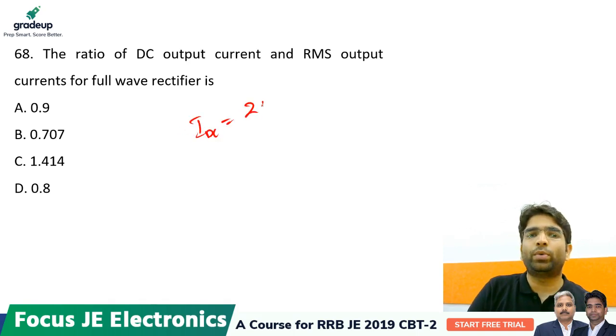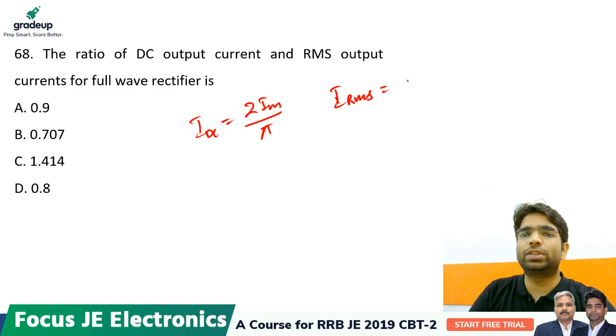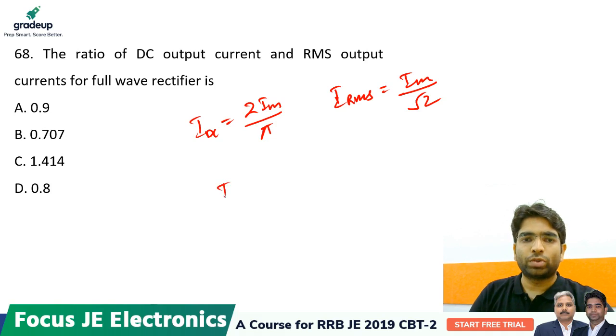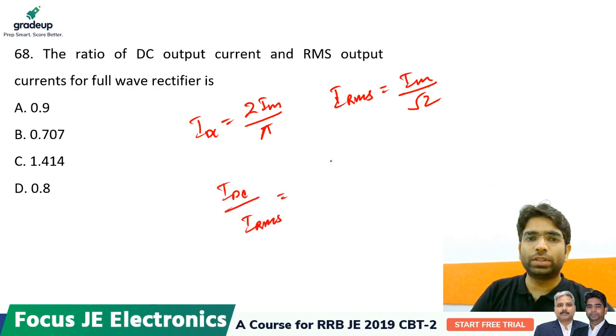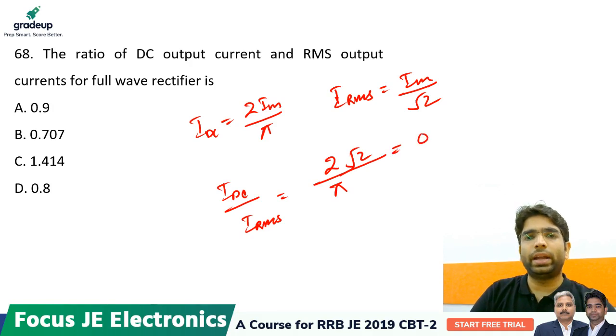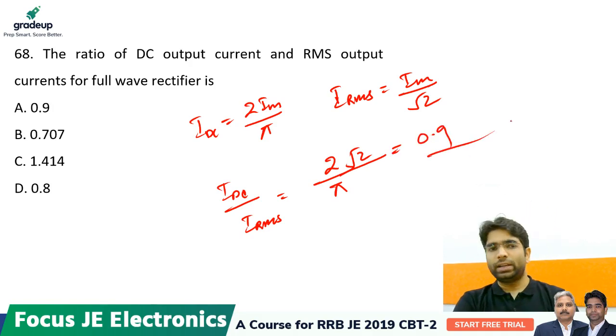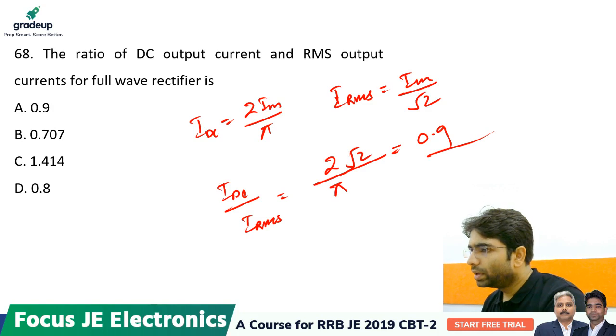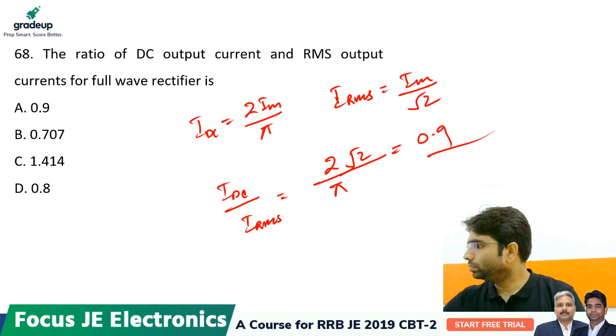IDC will be twice Im by pi, where Im is the peak. And what is RMS? IRMS equals Im by root 2. So IDC by IRMS equals twice by pi root 2. I guess that you will be getting the answer as 0.9. Yes.